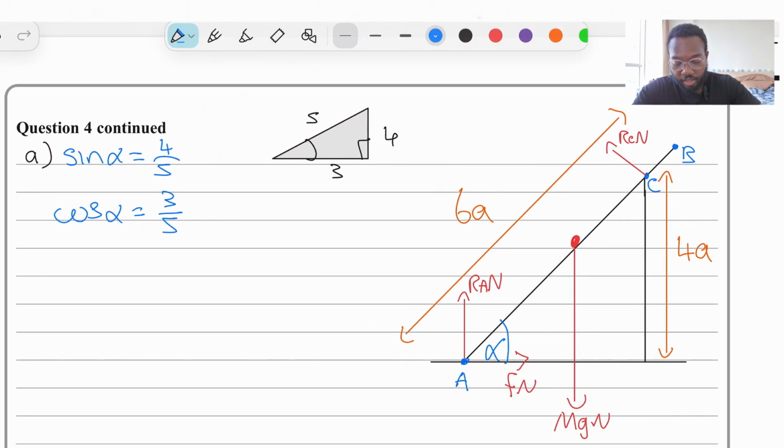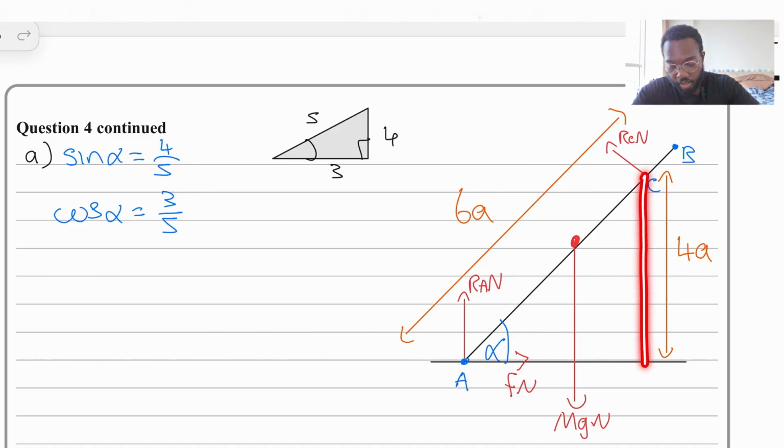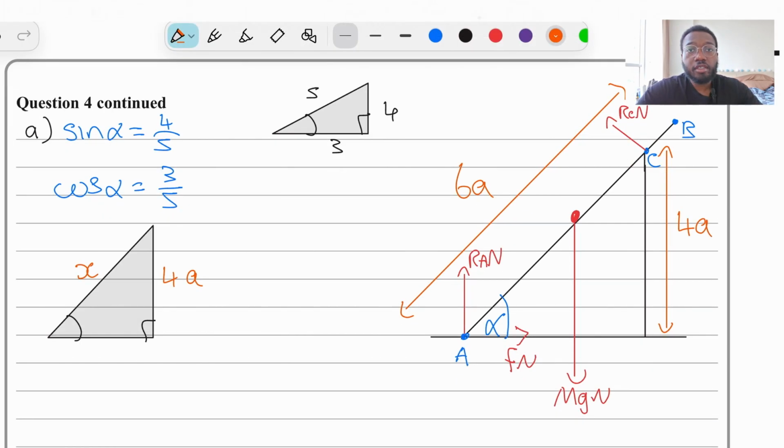So now let's look at just this triangle here and see if we can work out a value between A and C, because if we can, then we can just take moments. I've drawn a little triangle here. We've got the vertical distance of 4A, and we want to work out the distance from A to C, which I'll call X. Why are we working this out?